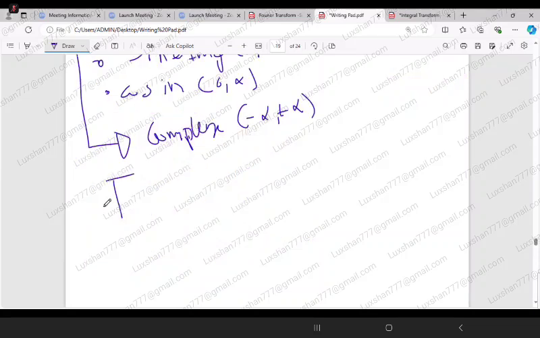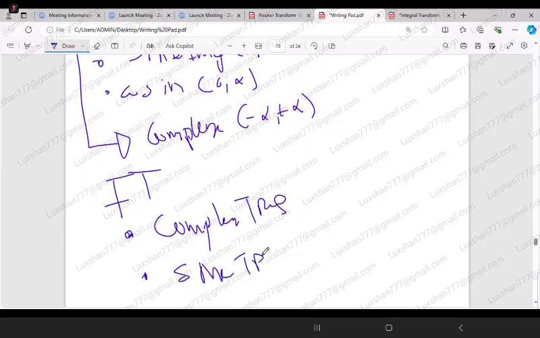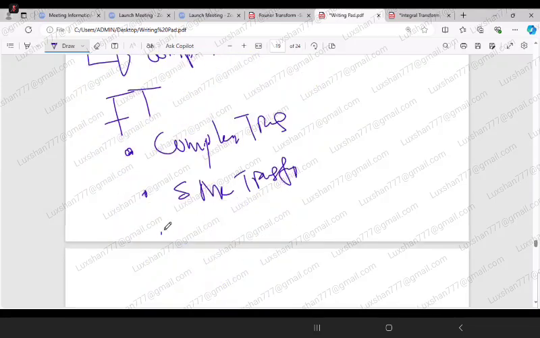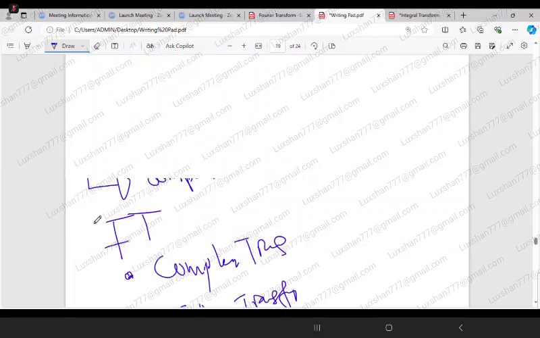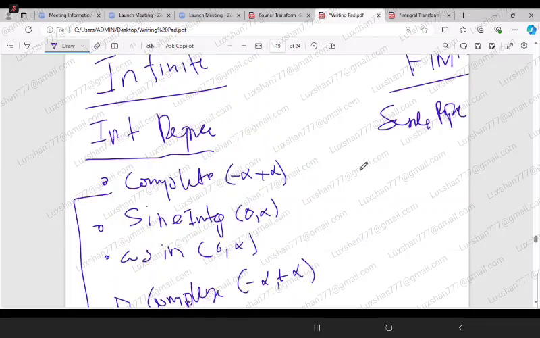Then we define the Fourier transform. We have actually three types of Fourier transform. One is the complex transform. Then the sine transform. Then the cosine transform. Here we have the complete one, that is when the range is 0 comma c plus 2l.